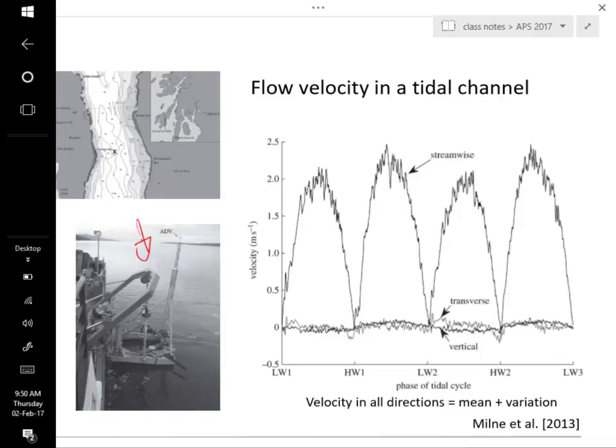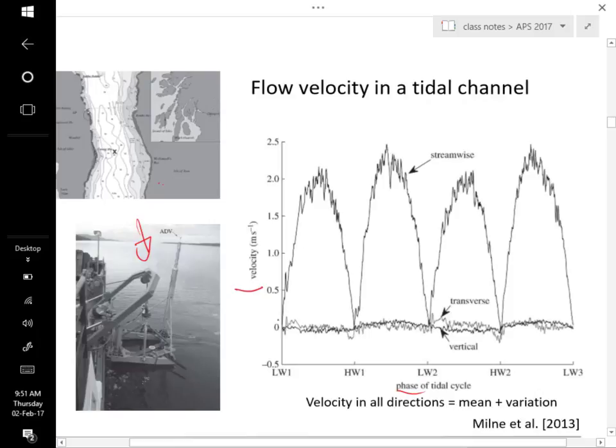And so they set this thing in here. This is a tidal channel, so the flow is varying with the tides, the kind of bulk flow. And here's the velocity as a function of time.